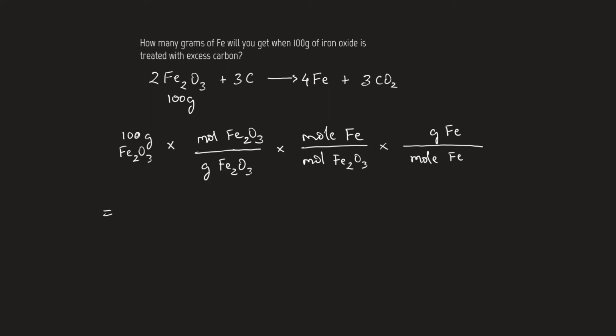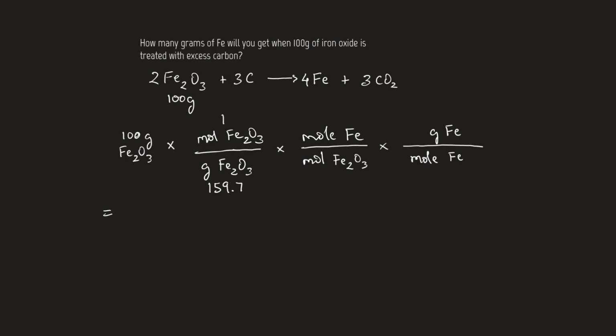Now, as far as the actual numbers go, the math is fairly simple. The first thing you do is you find out the molar masses of both chemicals in question. I know that 1 mole of Fe2O3 is 159.7 grams.